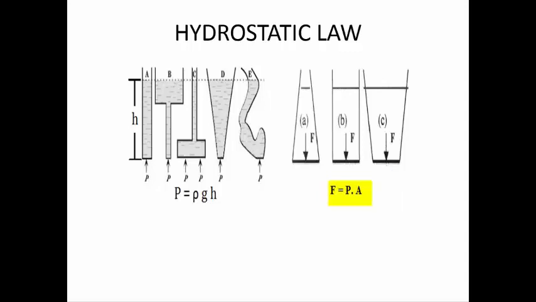Now the force generated because of the liquid column present here is F, which is equal to pressure multiplied by area. What is this pressure? Pressure is equal to rho g h, where rho is the density of the fluid, g is the acceleration due to gravity, and h is the height of the liquid column. So rho g h multiplied by A gives the force generated at this particular point.